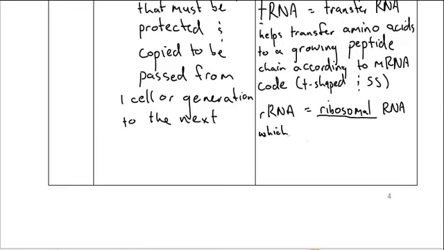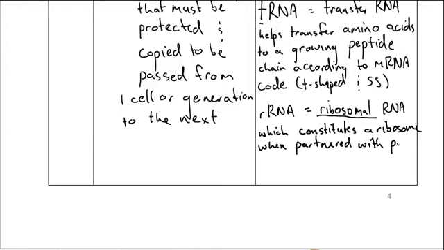Which constitutes a ribosome when partnered with a protein. So by constitutes, I mean if you have ribosomal RNA and you mix it with a protein, you now get a functional ribosome. Okay, so it constitutes a ribosome when partnered with a protein.